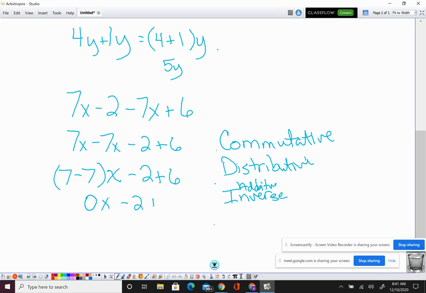So we now have this. And what happens with 0 times anything? That's the 0 property of multiplication. And then now we're just left with numbers, and we can add a -2 and a +6 together to get +4. That's a lot of steps, isn't it?